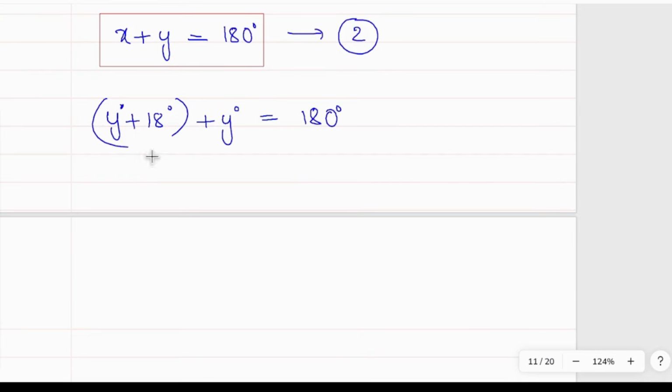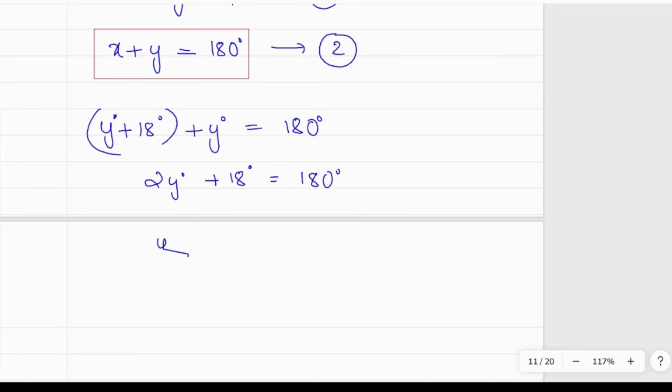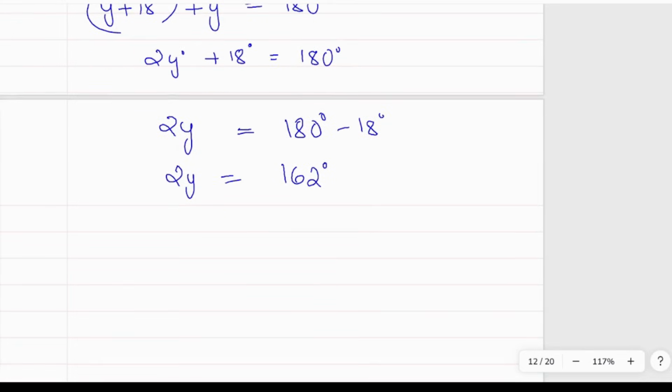That is 2y plus 18 degrees equal to 180. 2y equal to how much? 2y equal to 180 minus 18 degrees. 2y equal to 162, right? 180 minus 18 means 162.